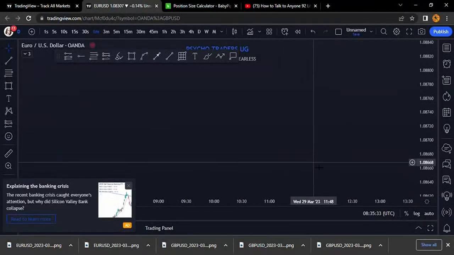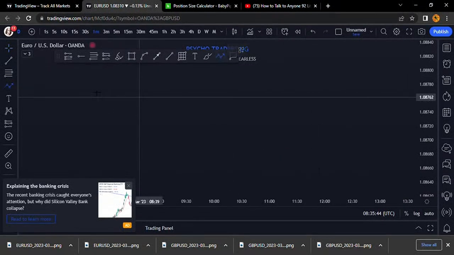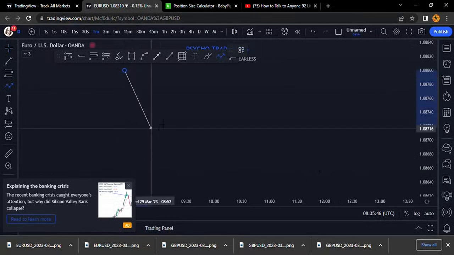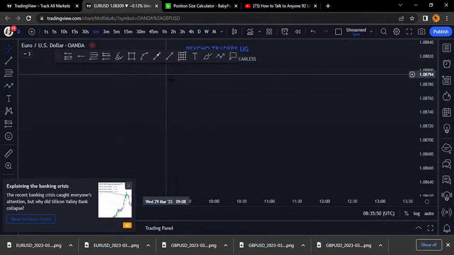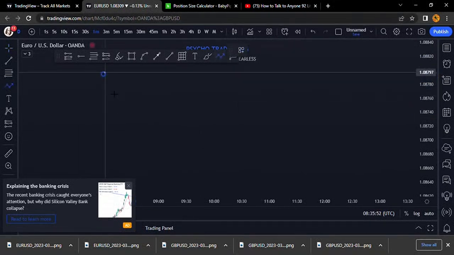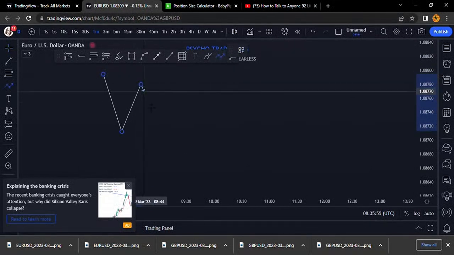So which zone are you supposed to get if you're going to trade supply and demand? And the thing is like this. Let me say we are having a downtrend, and we are having two zones.